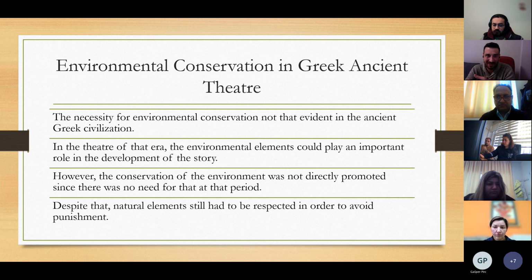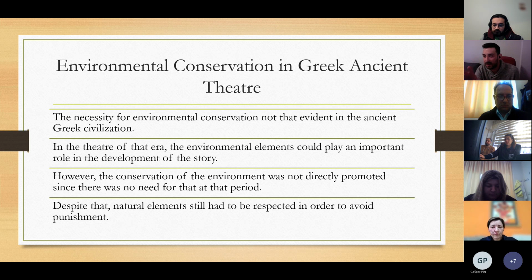Probably there was not such a thing back then. So the necessity for environmental conservation was not evident in ancient Greek civilization, and the environmental elements could play an important role in the development of the story, but they were not used specifically to teach respect towards the environment, although this happened in some cases, one of which we will analyze in a few minutes.